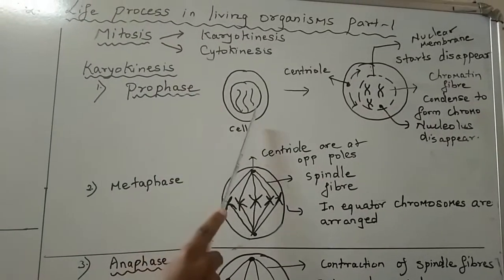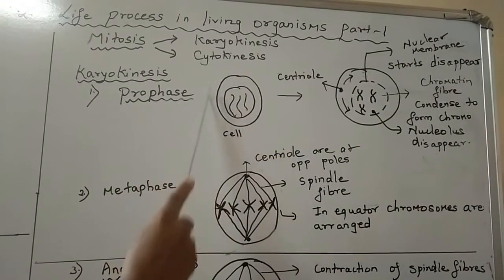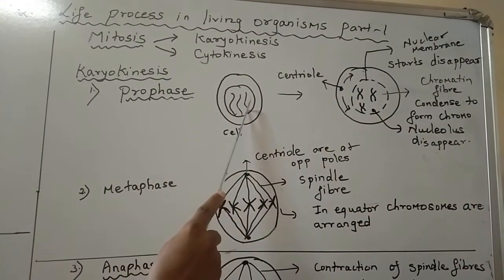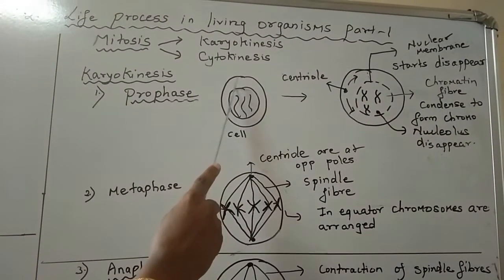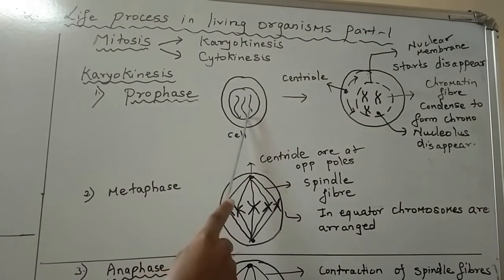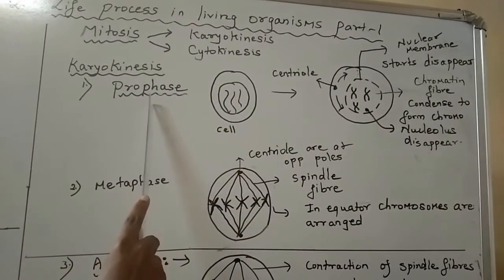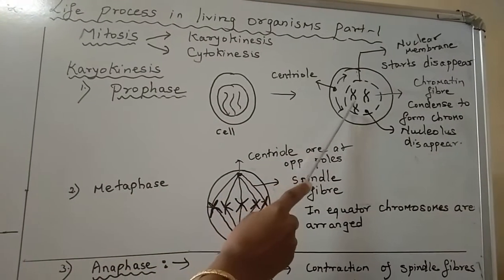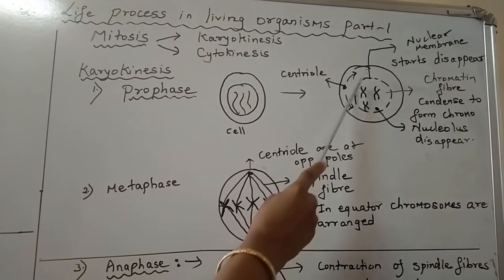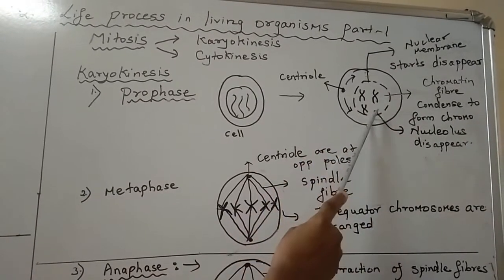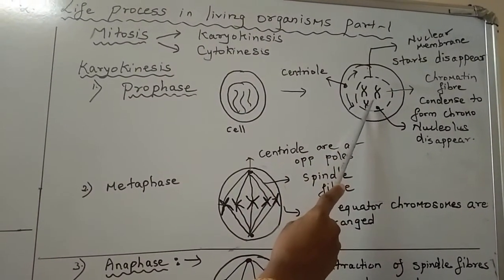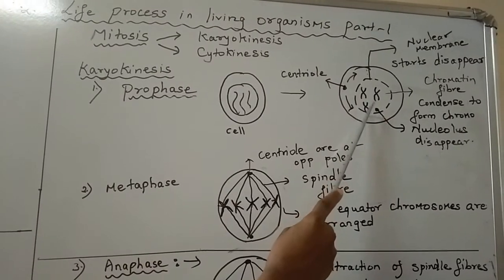Now in prophase, as we have studied, in our cell there is a nucleus at the center. Nucleus is surrounded by nuclear membrane and there are chromatin fibers. Now in this particular step, that is prophase, what will happen? The nuclear membrane will start disappearing. You can see over here the nuclear membrane starts disappearing, म्हणजे हळूहळू ते नाहीसं होतं.